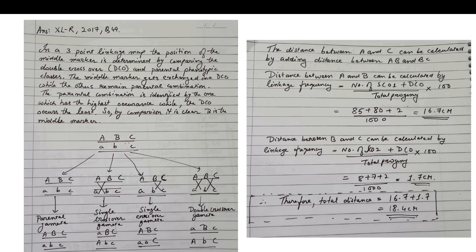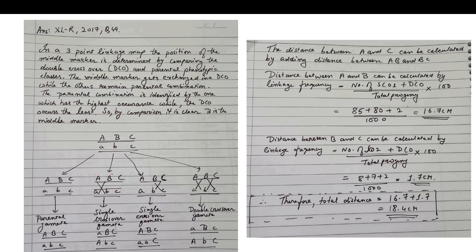Now, for your easy understanding, I have drawn what is happening. So what are the possibilities? For A, B and C, there can be a parental gamete which will completely carry these alleles, that is A, B, C and small b, small c. This is your parental gamete. Another possibility is single crossovers, where only one locus is interchanging its place.